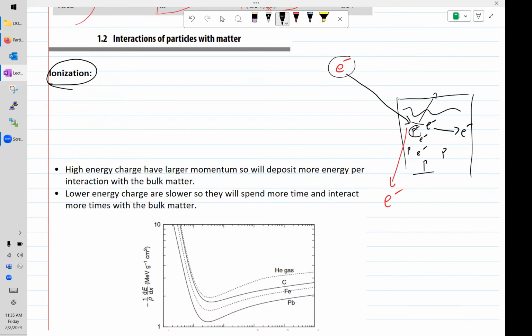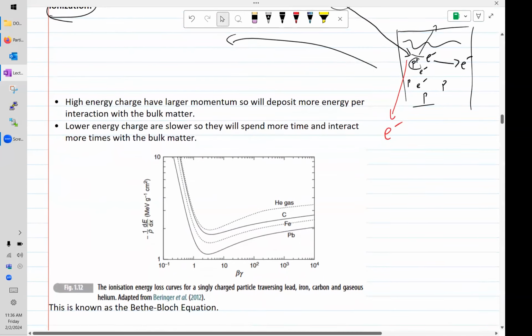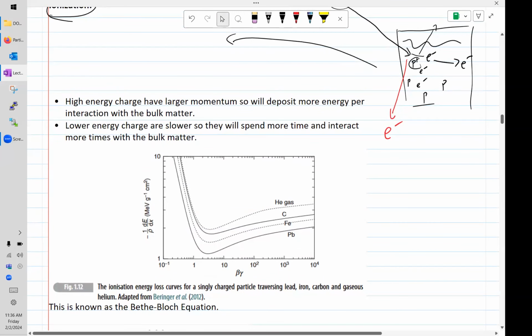And ionization is the primary way that electrons and muons interact with material in this kind of lower energy range.